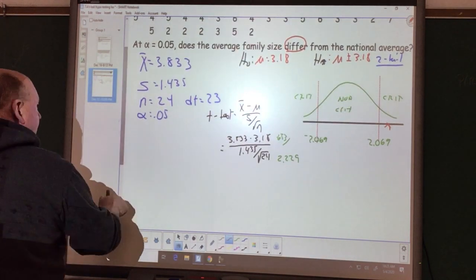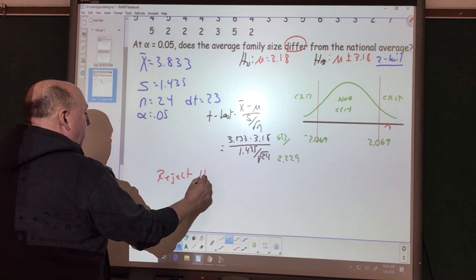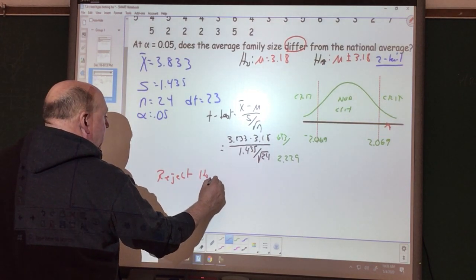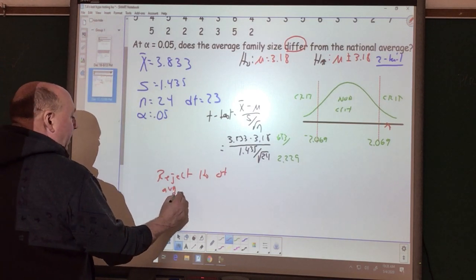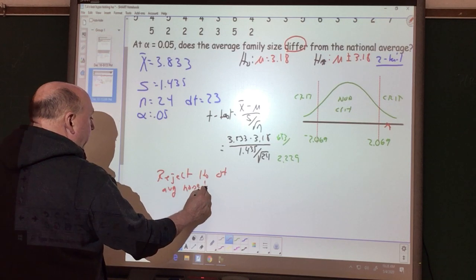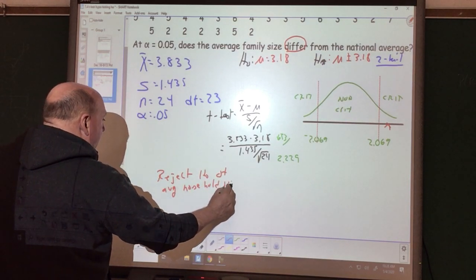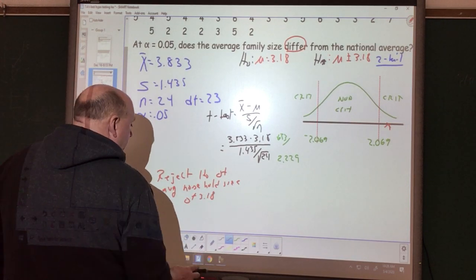So we can reject the null hypothesis of average house size of 3.18.